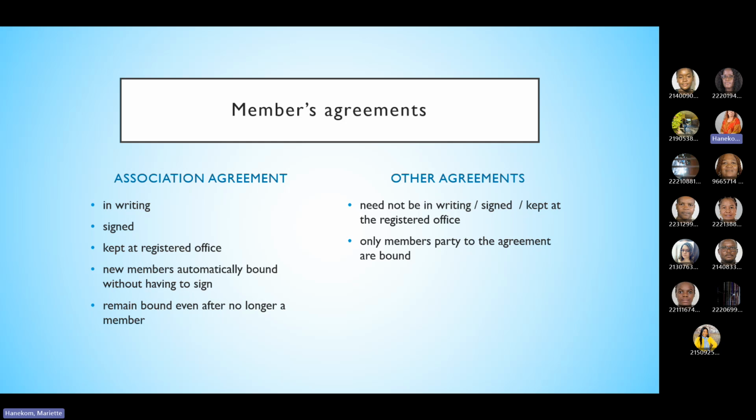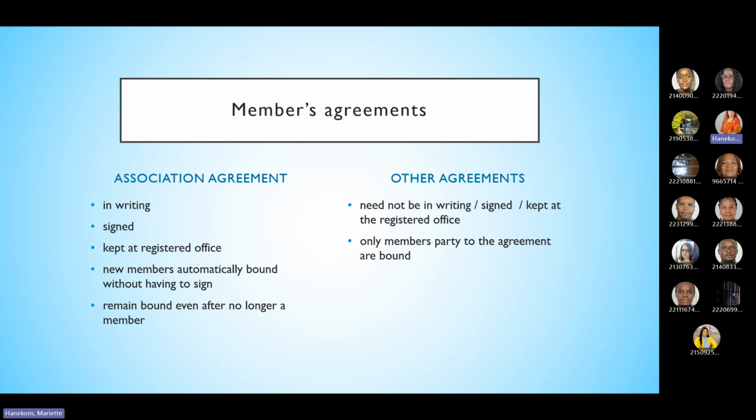So, similar to the constitution of a company, members that become members after registration are bound to the constitution, although they have not physically signed it. Same concept, you're bound to the association agreement even though you have not physically signed it.